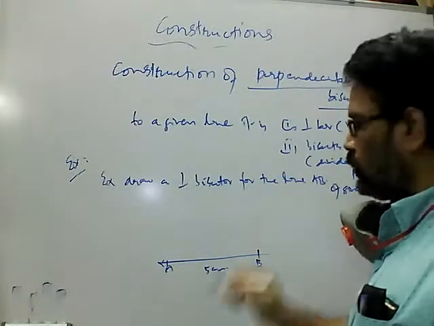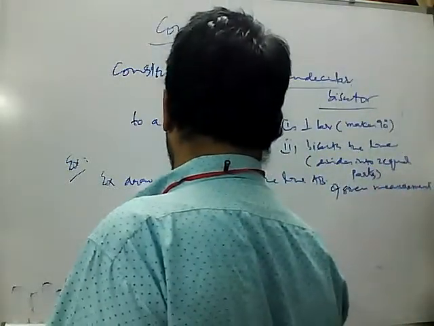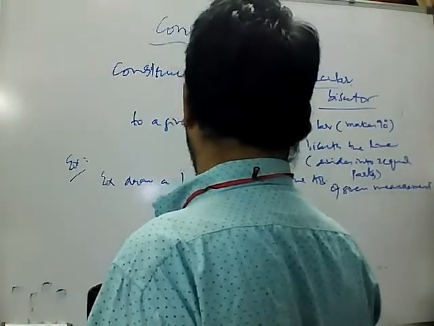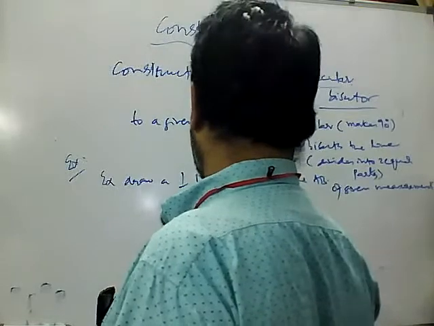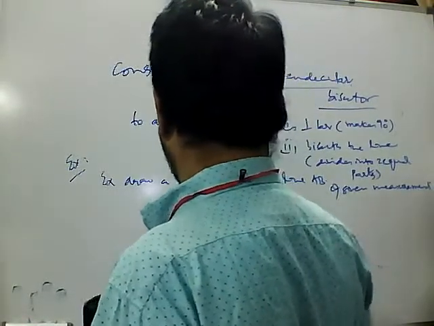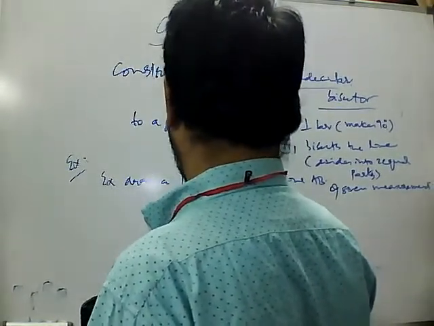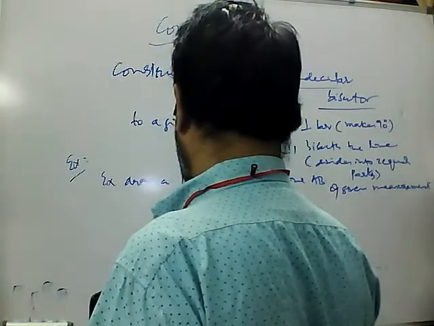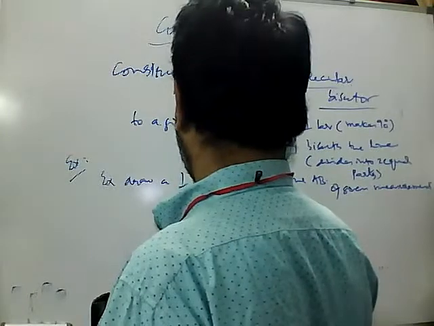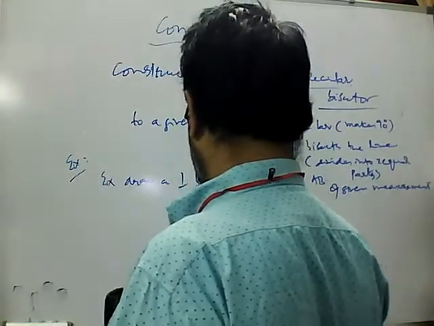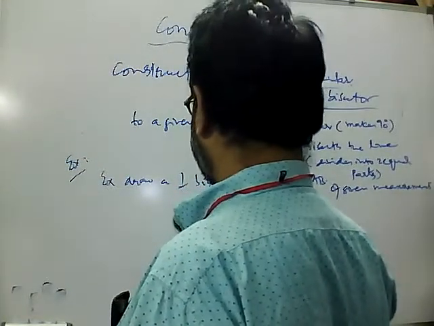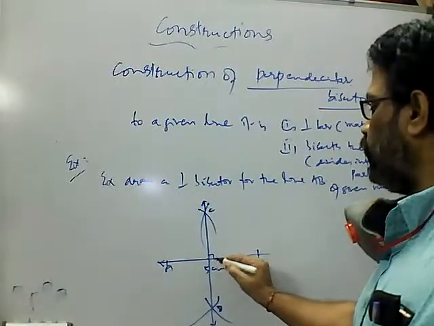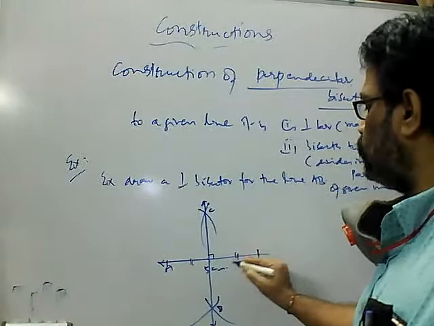It should be perpendicular bisecting. So take more than half, roughly, and take this arc and cut an arc here, and here also cut an arc down. And with the same radius, cut an arc here and here. So automatically the line through which AB is passing, intersection. So name them C and D. Join CD. This is perpendicular and this is bisector also. So this is M.